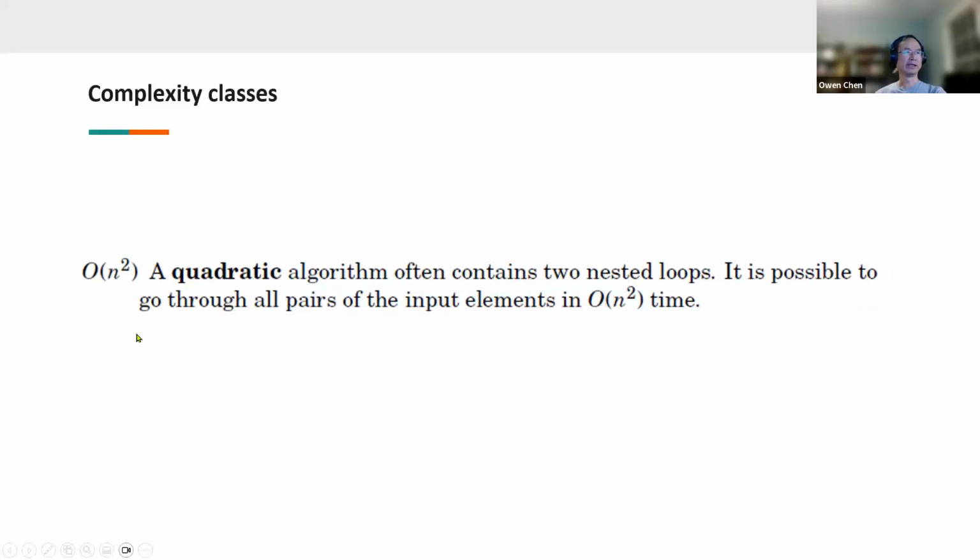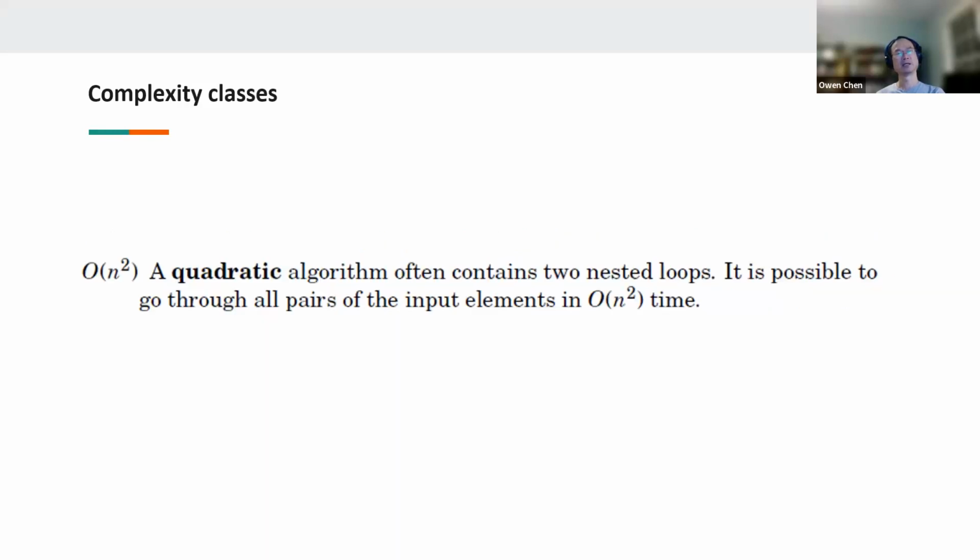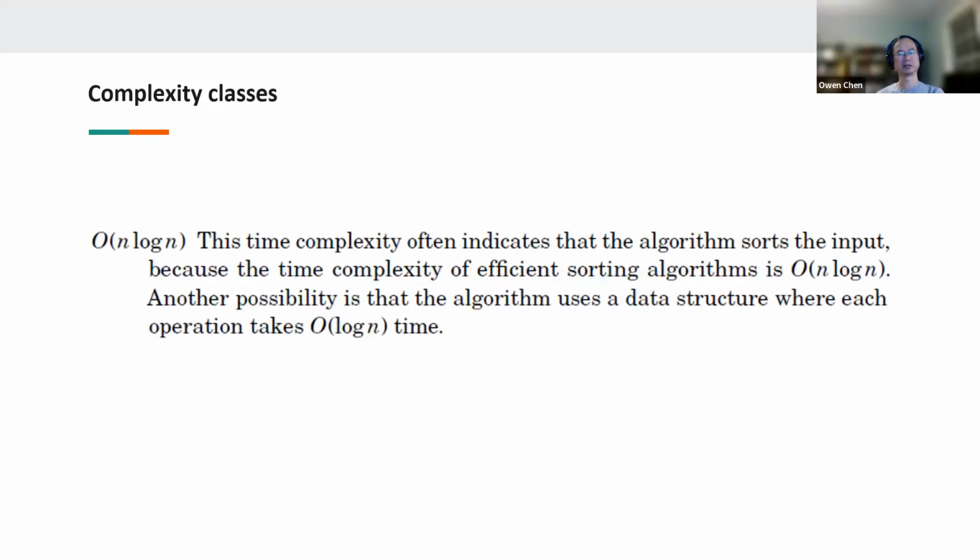Then quadratic, n squared, comes naturally in two nested loops. This is very common, but as we mentioned, it's often not the most efficient, right? If we can get to n log n, you might think this doesn't make a big difference, but as n becomes bigger, it makes a huge difference between n squared and n log n.